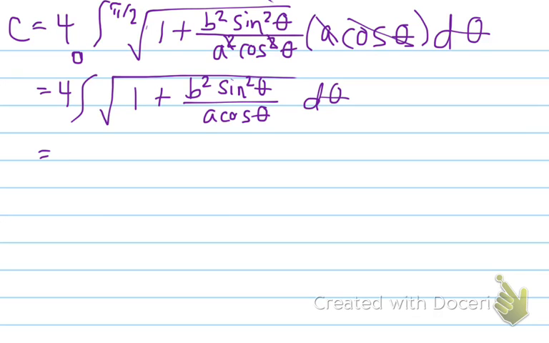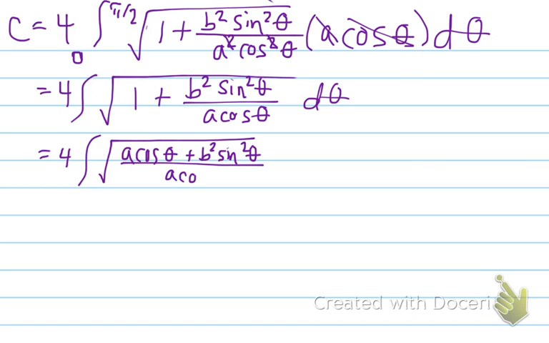From here, I can get a common denominator of a cosine theta. So I have a cosine theta plus b squared sine squared theta all over a cosine theta d theta.